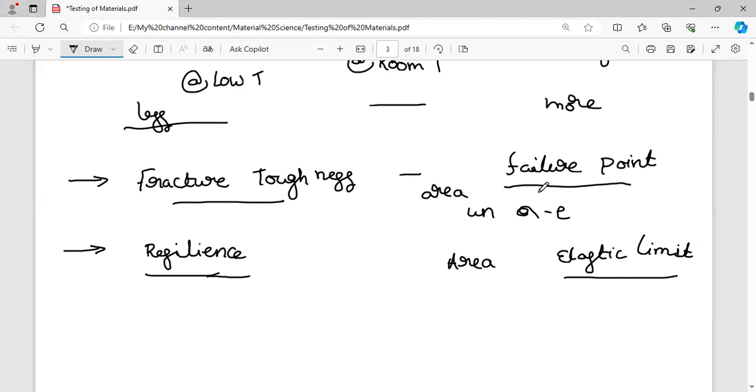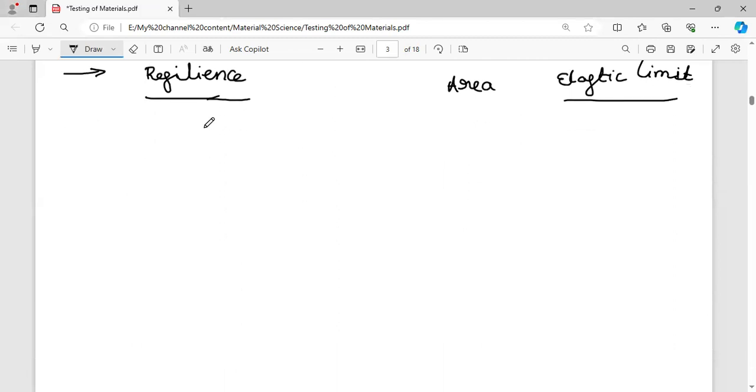Area under the stress strain curve up to the failure point is the fracture toughness. Fracture is nothing but the failure. So that's why the area up to the failure point is the fracture toughness, and the area up to the elastic limit is the resilience. In this way we can measure the resilience property.